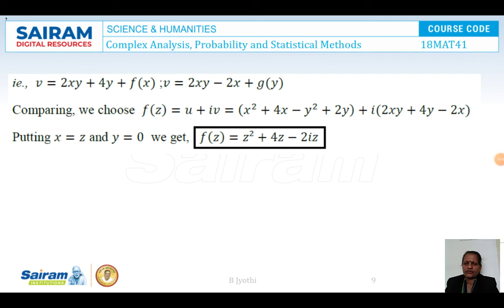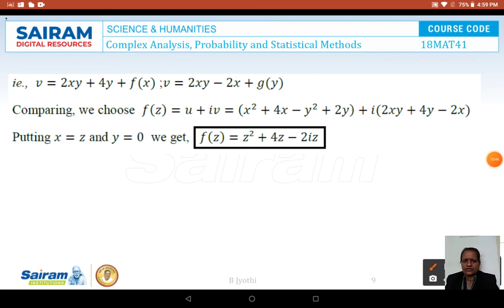So what we are getting is this, and comparing, we choose u as x squared plus 4x minus y squared plus 2y. What was our v actually? I'll just write down here. The v here is 2xy plus 4y minus 2x on comparing.